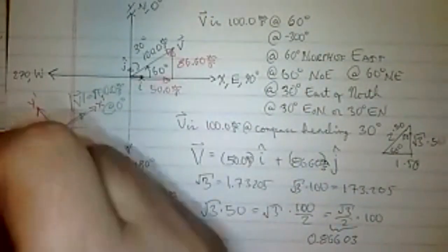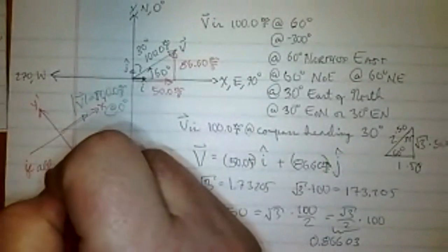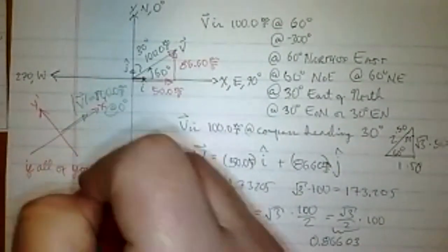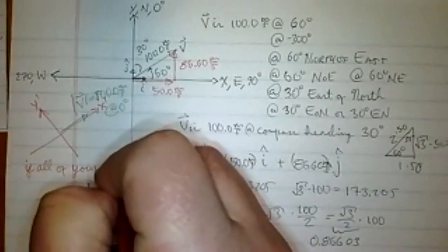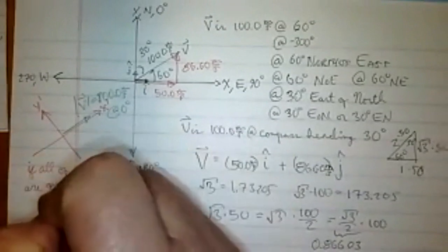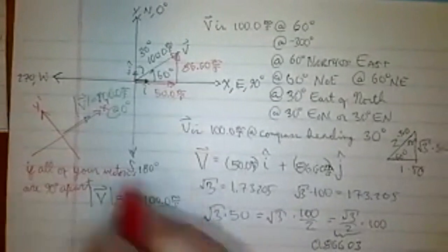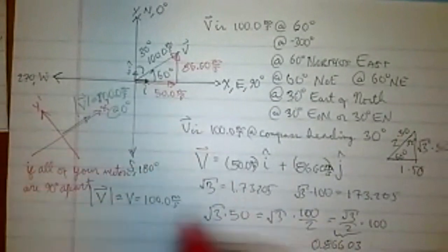If all of your vectors are 90 degrees apart, then what you want to do is set your x-axis parallel to one of them, or set your y-axis parallel to one of them, or something like that.